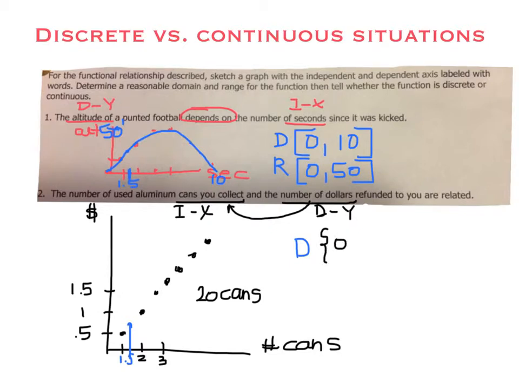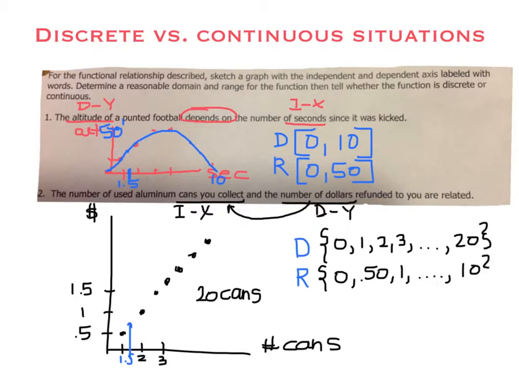So I could do anything from 0, and I don't want to list all the way to 20, so I'm just going to do this. And range is the same thing. But I can make 0 money, I can make 50 cents, I can make $1, all the way up to $10. That would be my range.